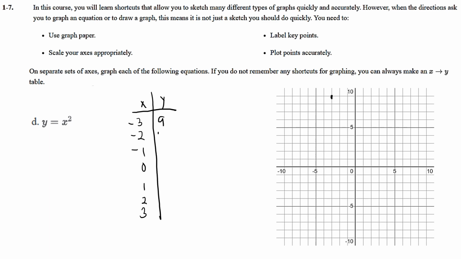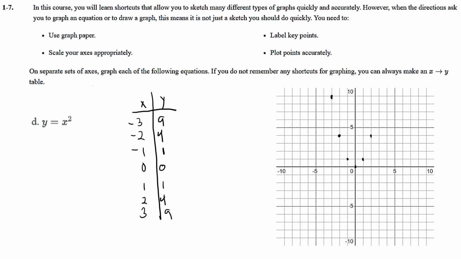-2 squared is 4, so -2, 4. -1 gives me 1, so -1, 1. 0 squared is 0. 1 squared is 1. 2 squared is 4.